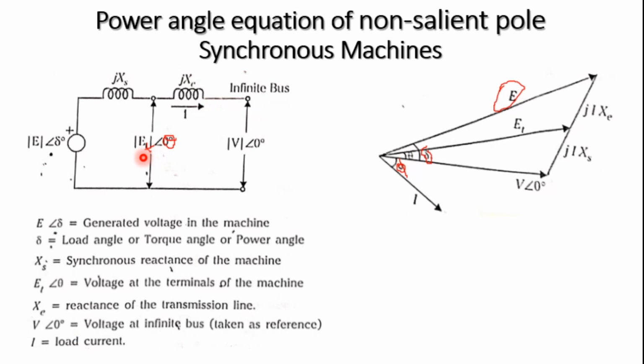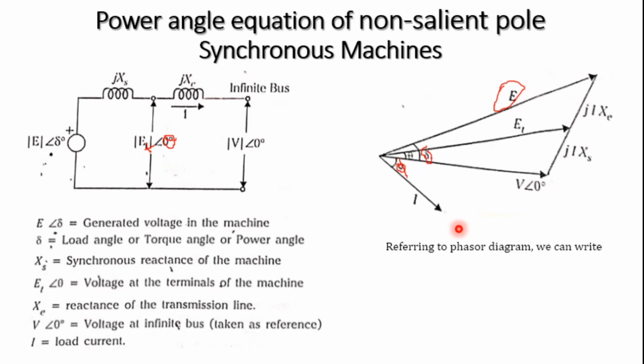Next we have ET, and combined together we get the value of E. Here this is the I XS drop and this is the I XE drop, so combined together with V we get the value of E.